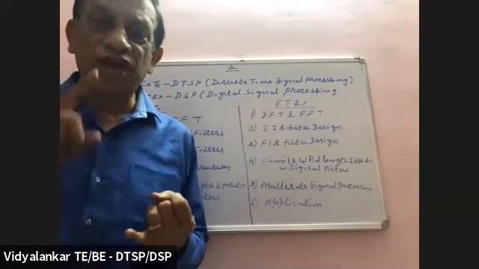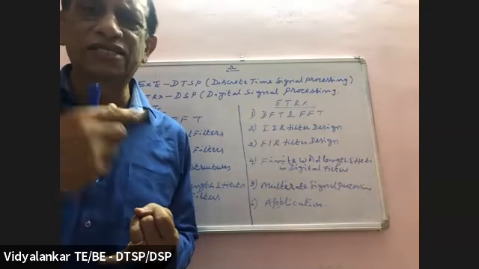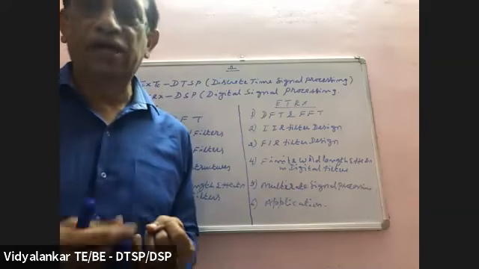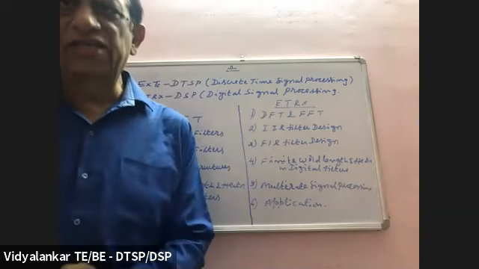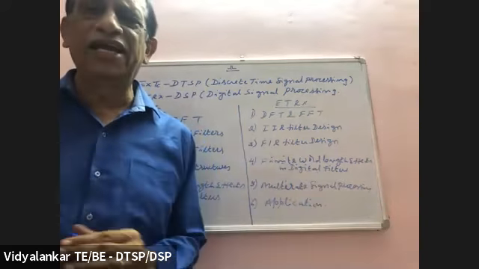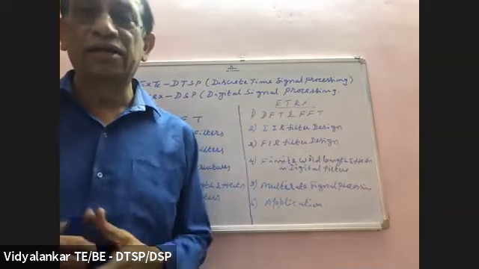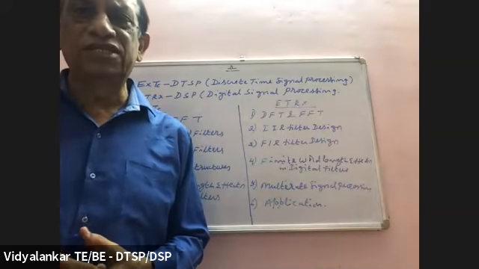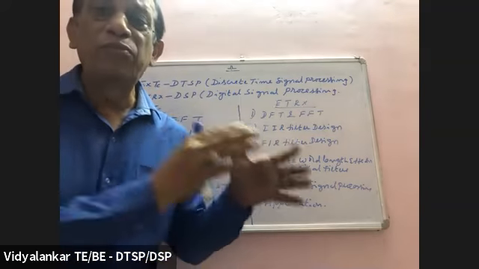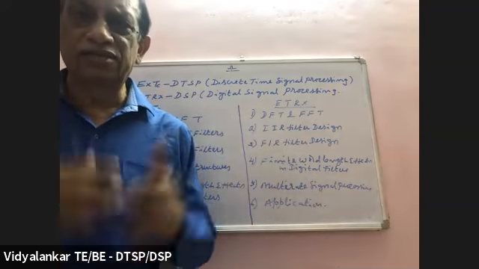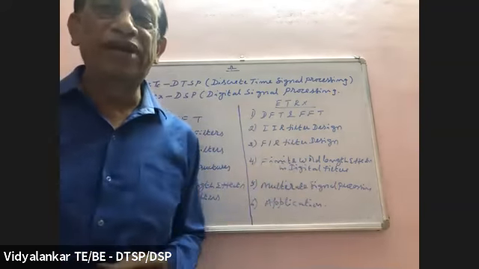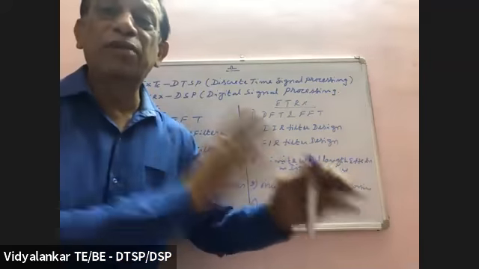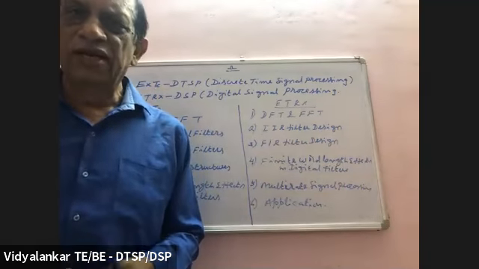Phase in the frequency domain is directly related to time in the time domain. If you design a minimum phase system, that system will give minimum time delay. That means minimum phase gives minimum time delay. If you apply the input, immediately we get the output.